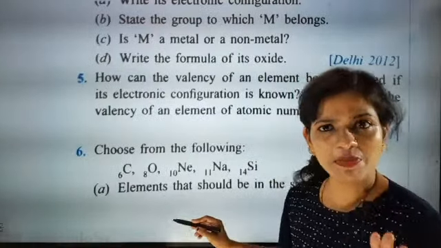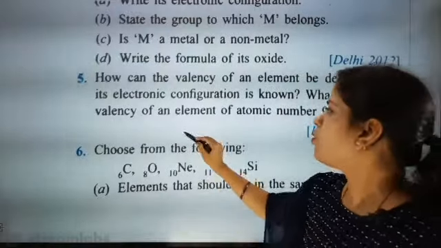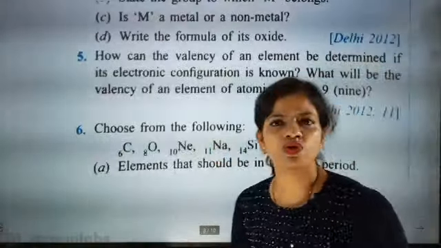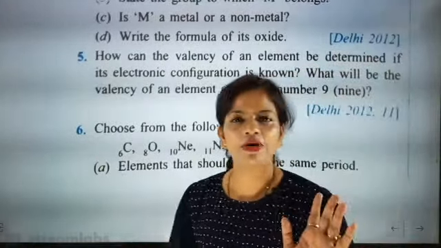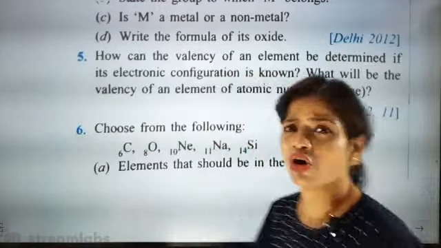If the valence electrons are 1, 2, 3, 4, its valency will be the same. But after that, with 5, you have to use the Lewis rule I have taught now.